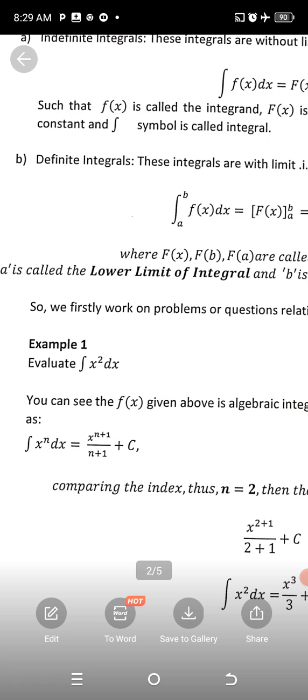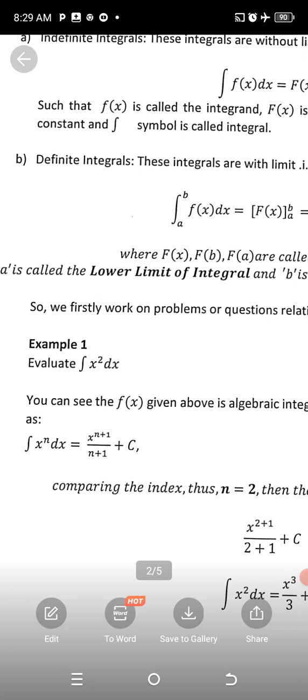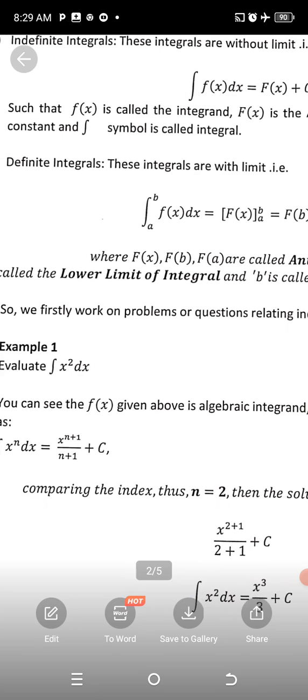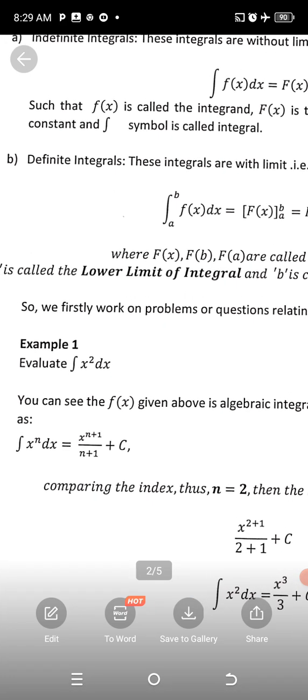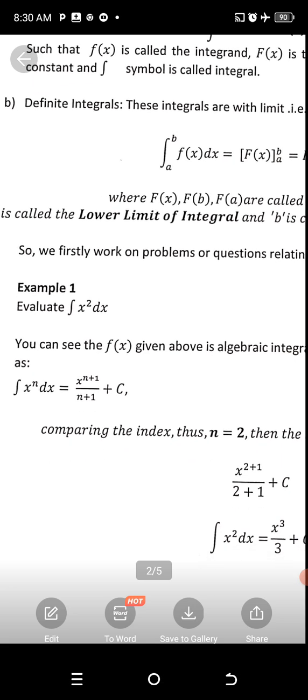So we are asked to evaluate the integral of x squared dx. How can you do this? You have been given some integral formulas in the first video that you were asked to master, and I believe you mastered it, because knowing this is going to make our work easier and give you a better understanding of what we'll be doing in this video.